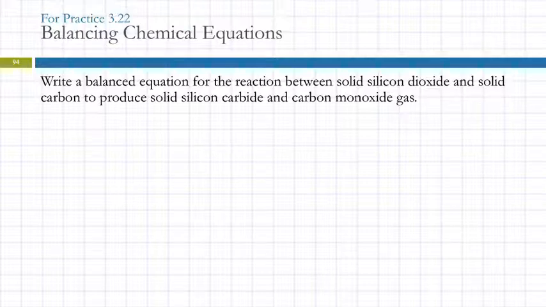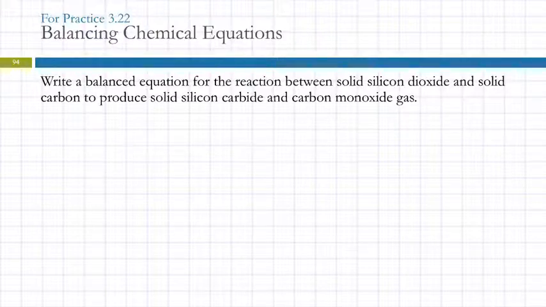Write a balanced equation for the reaction between solid silicon dioxide and solid carbon to produce solid silicon carbide and carbon monoxide gas. First thing, we need to write the formulas for the reactants and the products.